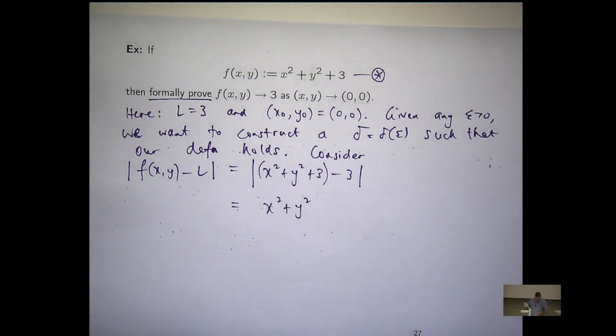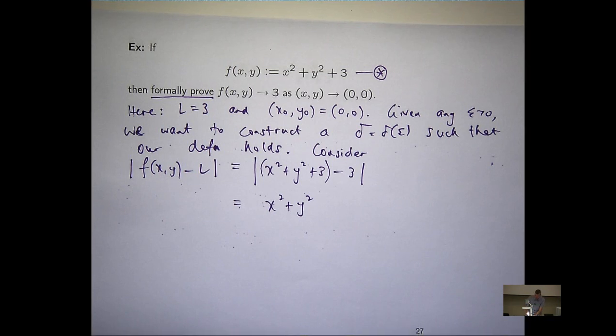Now, how can I make that bottom line less than any positive number, epsilon? Well, I want to restrict root x squared plus y squared in some way.